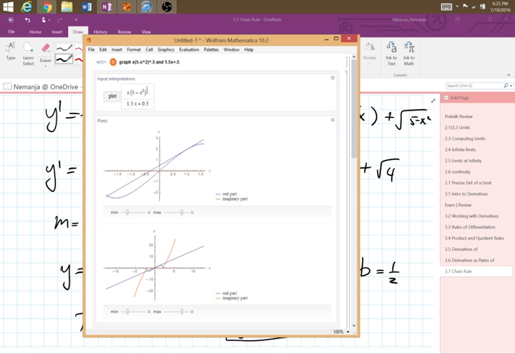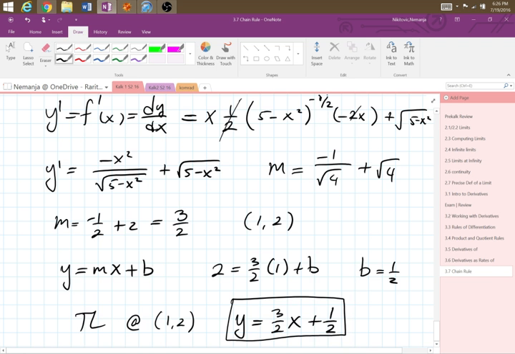And looking at (1, 2), right there is where they touch at a single point. So everything is great. You have the linear line to be the tangent line, and you also have it touching the function exactly where it should, at (1, 2). So that means the problem is good.